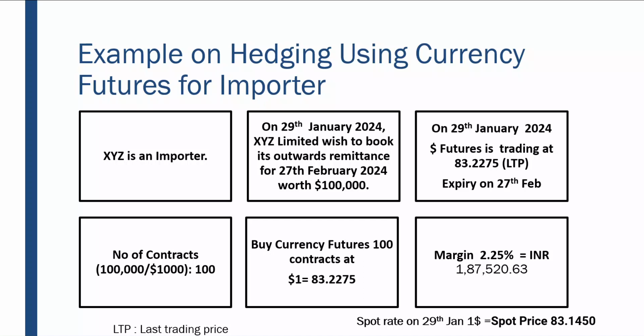Okay, fine. Now, apart from this margin money, which is made up of span as well as exposure margin, which is around 2.25%, there is also a settlement which is called mark to market settlement. So every day there is a daily settlement mechanism in the stock exchange to ensure that the transaction goes through without any issue.